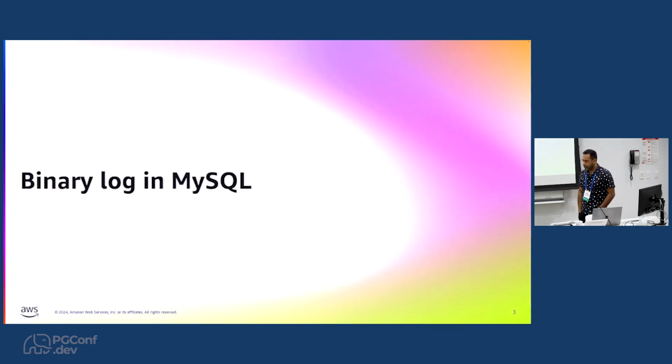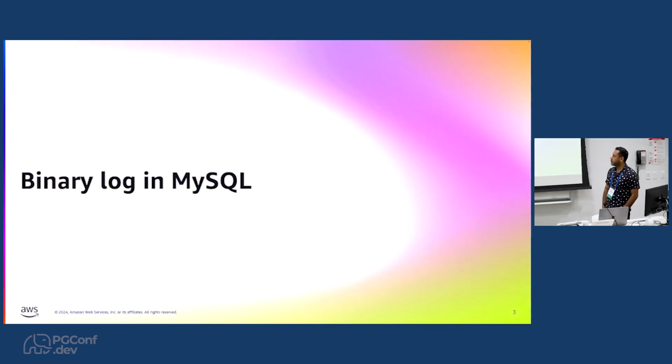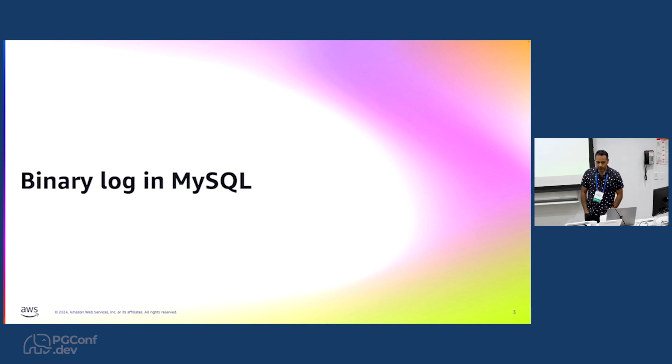So first, the binary log in MySQL. There's a bit of history here: why does MySQL even have a binary log? Originally, MySQL was designed to have pluggable storage engines, which means anyone could write a storage engine. If it implements a certain interface, a user could install that storage engine as a plugin and use it. All of those storage engines could have their own storage format or on-disk format.